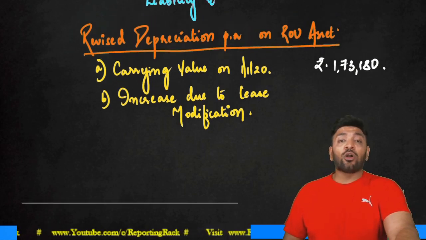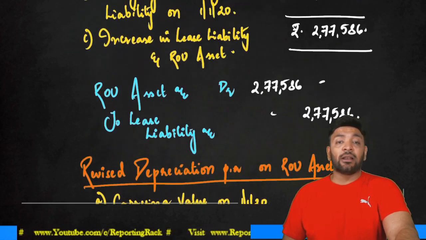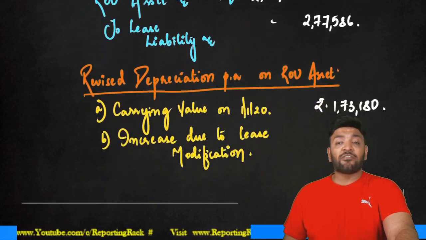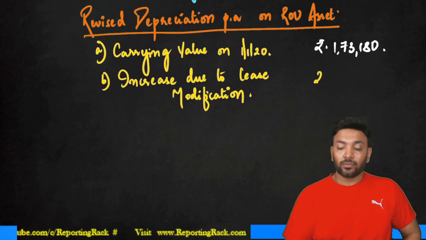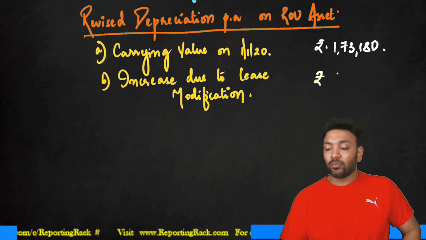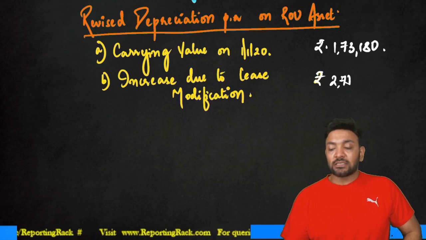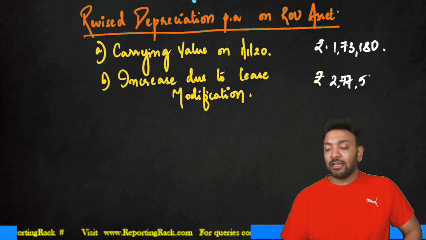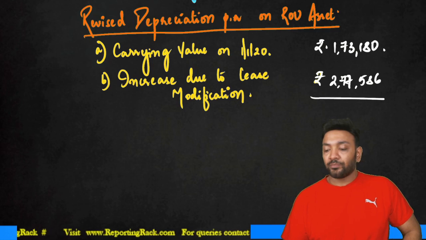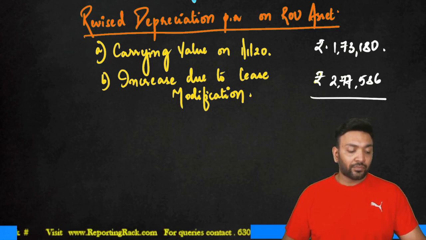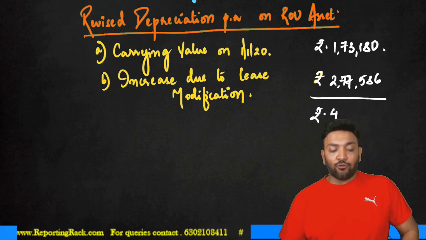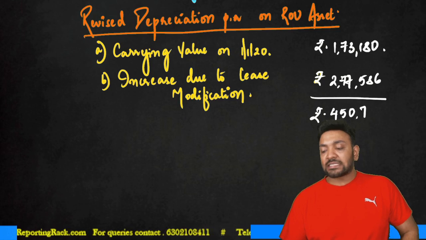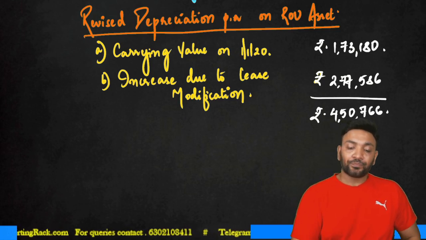The same amount of increase in the value of lease liability, that is 277,586. Today, the revised carrying value would have been 4,50,766.